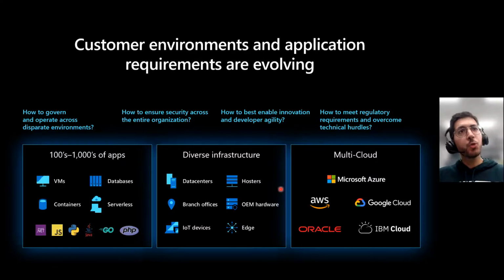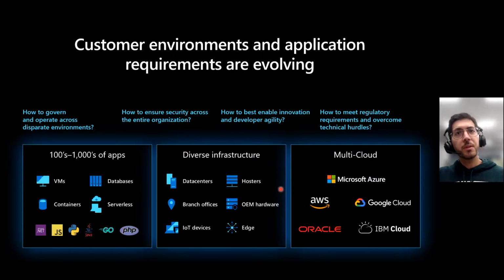On top of all of that, there are the applications which power lots of businesses at the moment. There are lots of different types of applications and workloads that customers would host, ranging from virtual machines, containers, databases, serverless, and on top of that, lots of frameworks and libraries that they're using to build their applications.